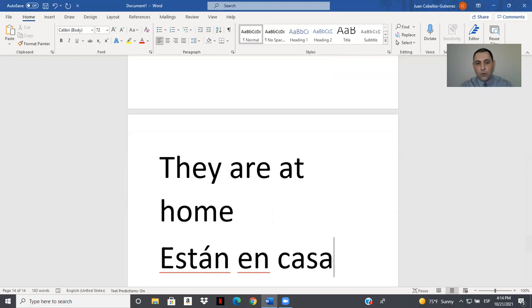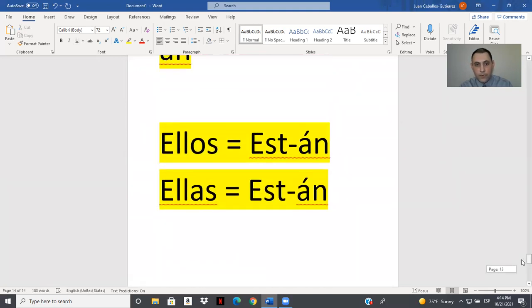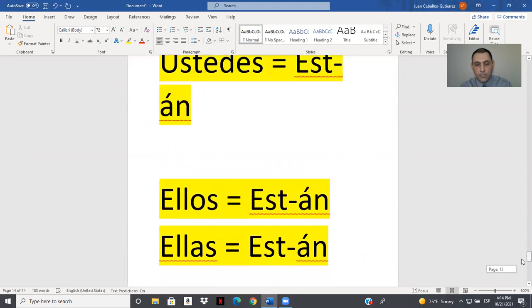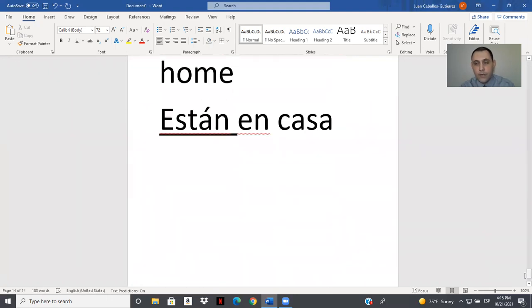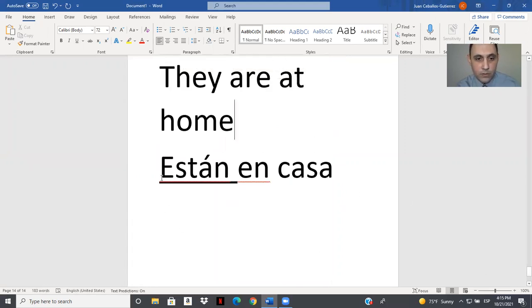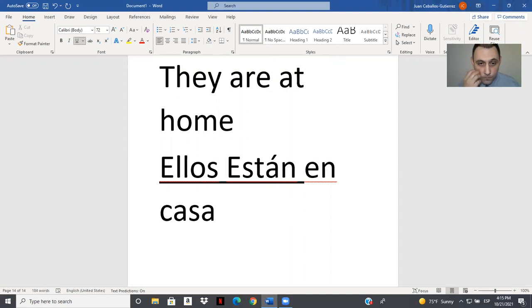Now, because están could be different persons, like it could be ellas, it could be ellos, ustedes, I'm going to get confused. I wouldn't know about whom you are talking about. So in this case, it's better that I include the subject pronoun or include a subject in the sentence so I can understand about who you are talking about. In this case, let's say ellos, okay?